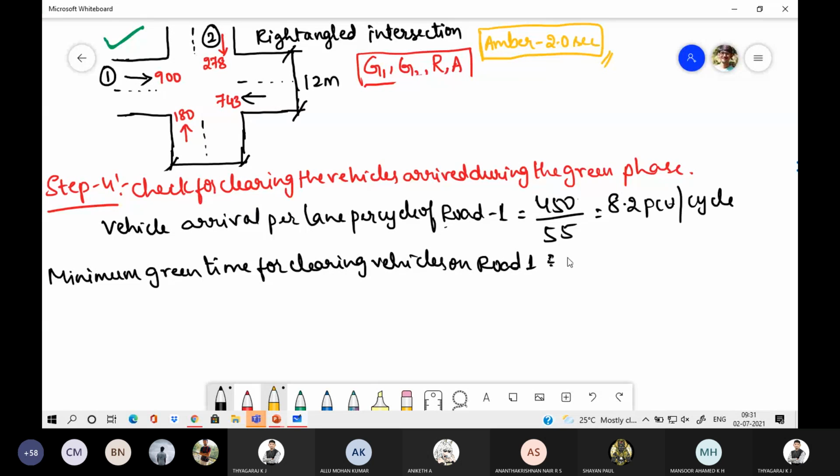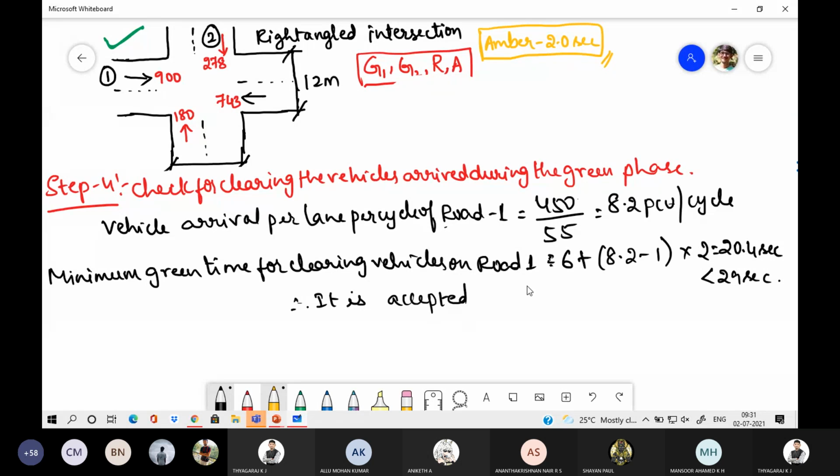So for road 1 it is 6, the width of the road, plus 8.2 minus 1 into 2. So we are going to get 20.4 seconds, which is less than 29 seconds. So therefore it is accepted. I'll explain the step, listen carefully.